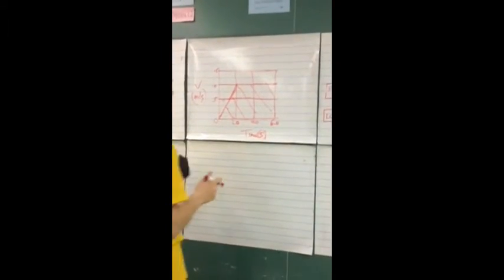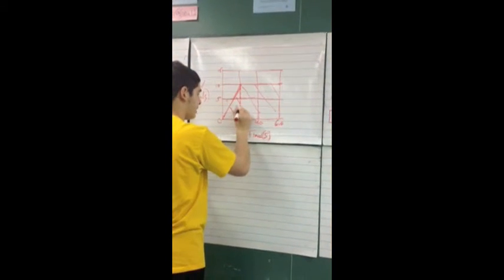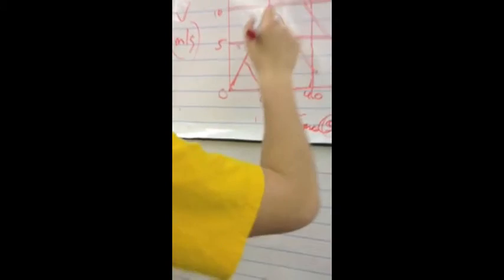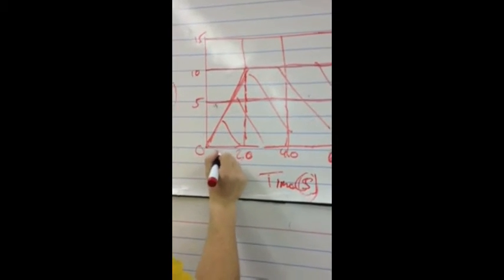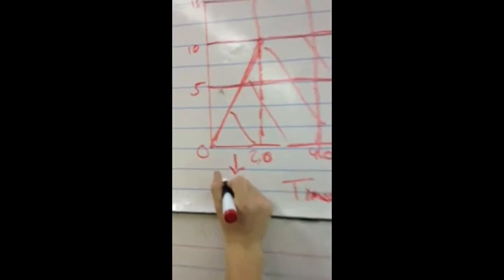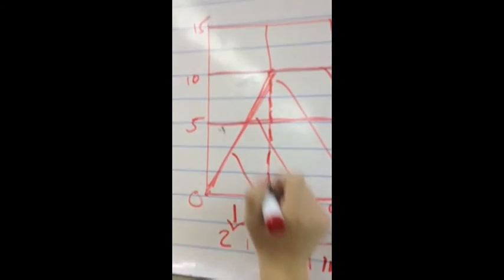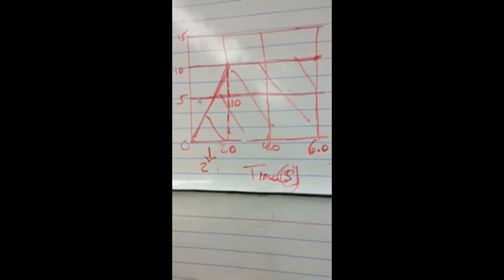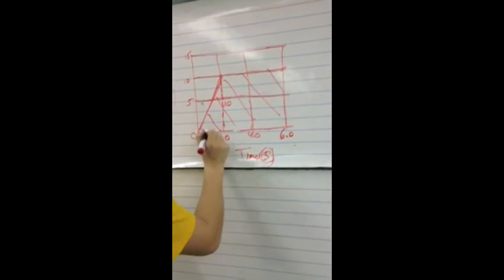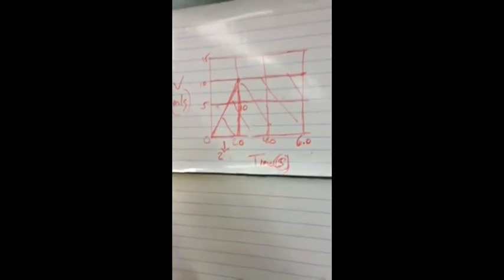The way you find it is you break it up into two parts: between 0 and 2 seconds and between 2 and 6 seconds. Between 0 and 2 seconds, this leg has a value of 2, and this leg has a value of 10. So you find the area of this triangle.